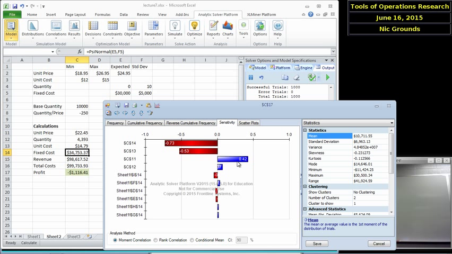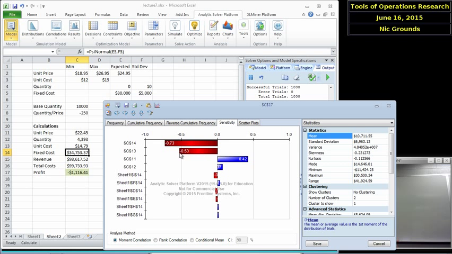Now, just to give you a little bit of an explanation, part of the reason is likely because unit cost is uniformly distributed, so it really does take on a wide range of values, versus unit price, which is a triangle distribution, which tends to hover closer to the expected value. So more often than not, it's close to the expected value, even though it might possibly go as far as the min and max.